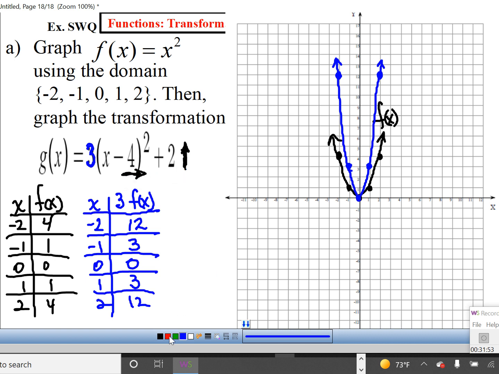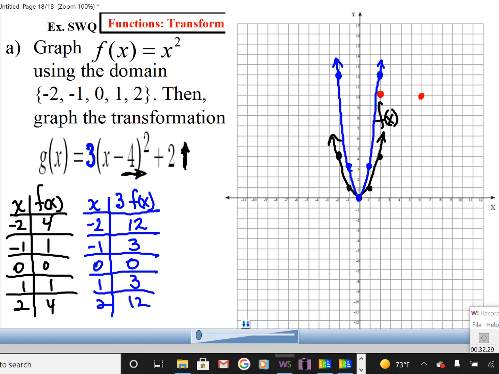So I'm going to use now red for my final transformation. I'm going to start with these 2 points at the top. I'm going to go 1, 2, 3, 4, 1, 2. Oh, it's going up? Okay, my bad. Yeah. I did that to see if you guys were paying attention. So, 1, 2. Let's go. Technology, I love it.